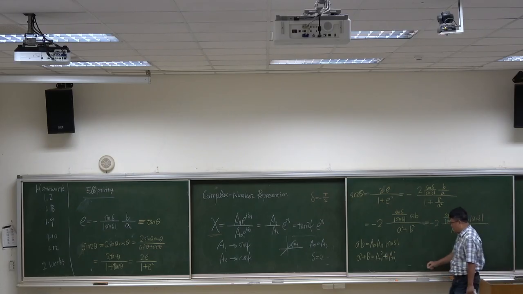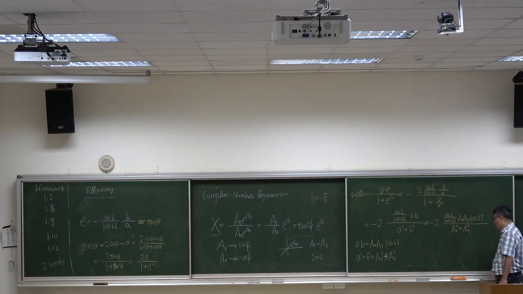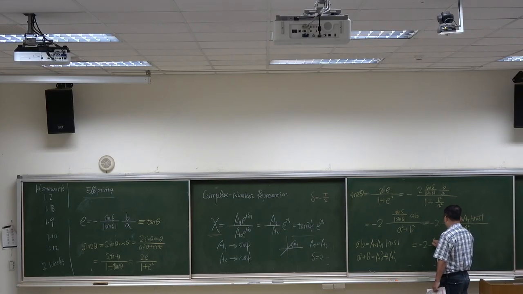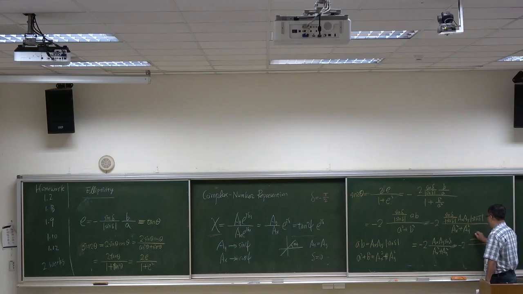And now you see that they cancel with each other. Okay? So this is minus 2 AX AY sine delta over AX squared plus AY squared. And this is just minus 2 AY over AX sine delta over 1 plus AY squared over AX squared.